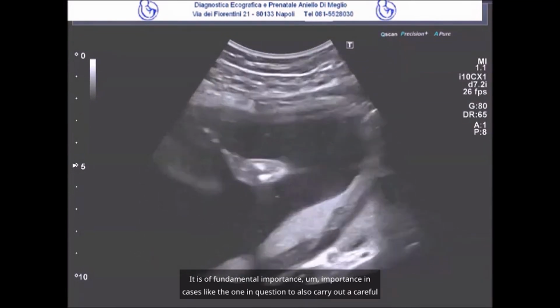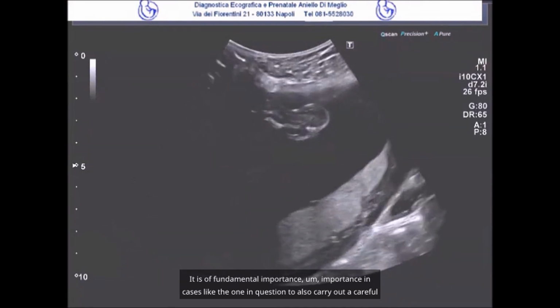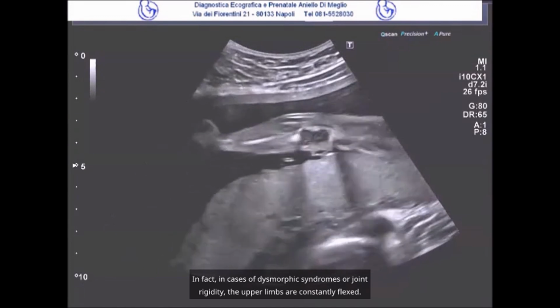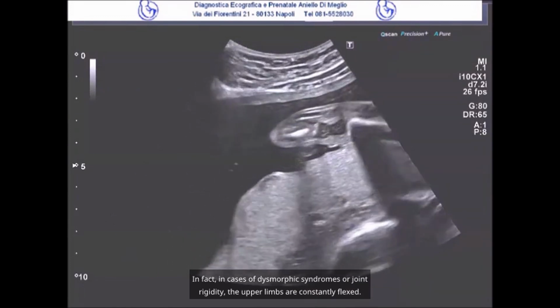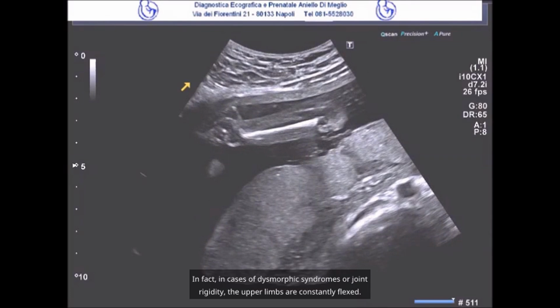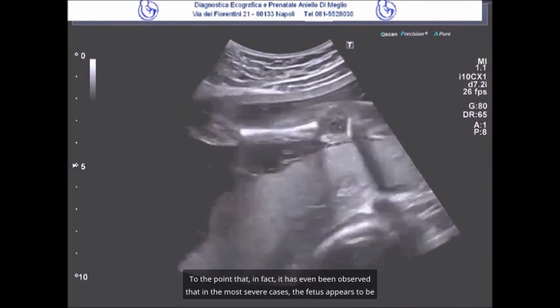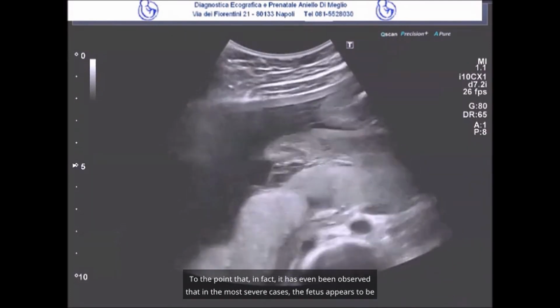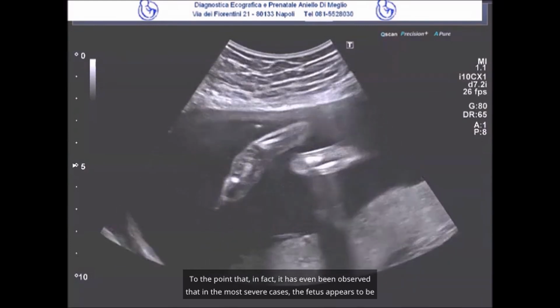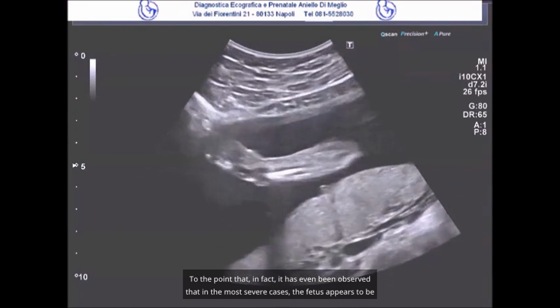It is of fundamental importance in cases like the one in question to also carry out a careful evaluation of the upper limbs. In fact, in cases of dysmorphic syndromes or joint rigidity, the upper limbs are constantly flexed. The hands usually appear clenched into fists, to the point that it has even been observed that in the most severe cases, the fetus appears to be completely immobile.